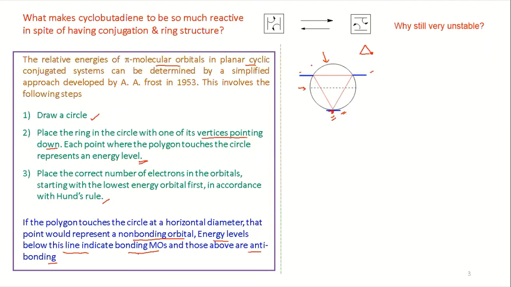The other two are of the same energy level and are above this horizontal diameter, and we call them anti-bonding. So these are the anti-bonding molecular orbitals, and this is the bonding molecular orbital. The cyclopropane system, a three-membered ring system, will give these three molecular orbitals.